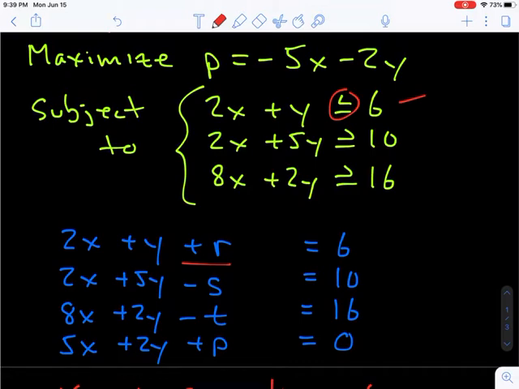In the second inequality, because it is a greater than or equal to sign, we have to subtract a surplus variable. And in the third, we also have a greater than or equal to, so we subtract another surplus variable. And then we take our objective function, which is now negative 5x minus 2y. We take those terms and we subtract them over to the left-hand side like we always do. And so we end up with 5x plus 2y plus p equals 0.